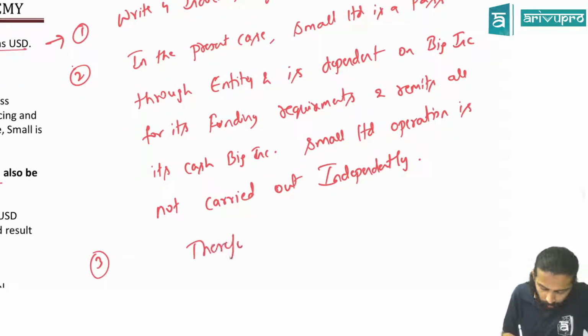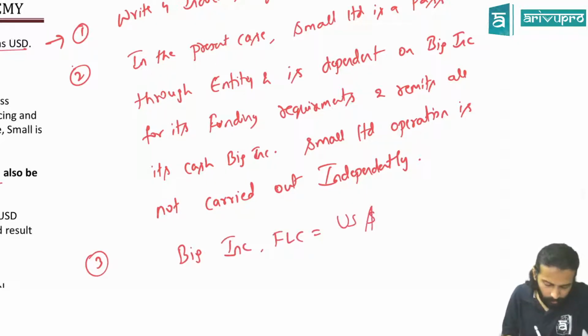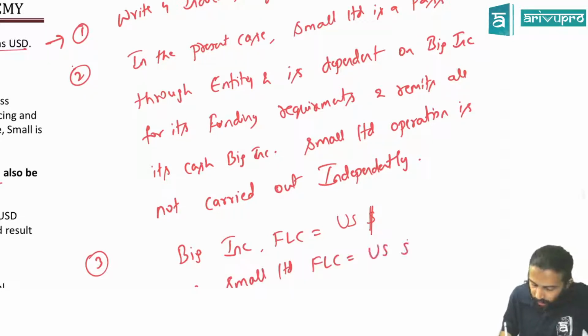Therefore, one more point I can write: Big Inc's functional currency is what? Big Inc's functional currency is US dollars. Therefore, Small Limited's functional currency is also US dollars in this particular case.